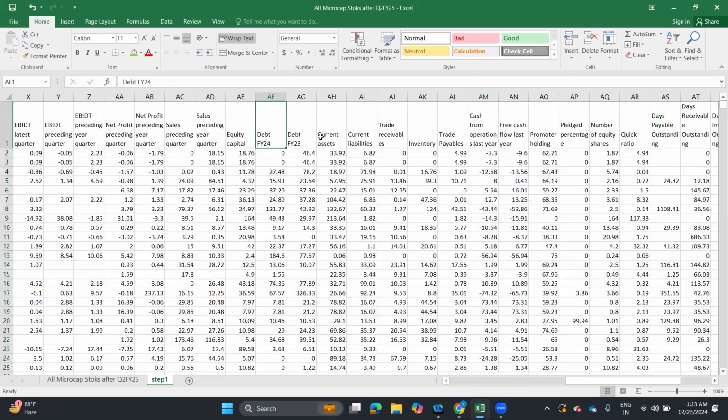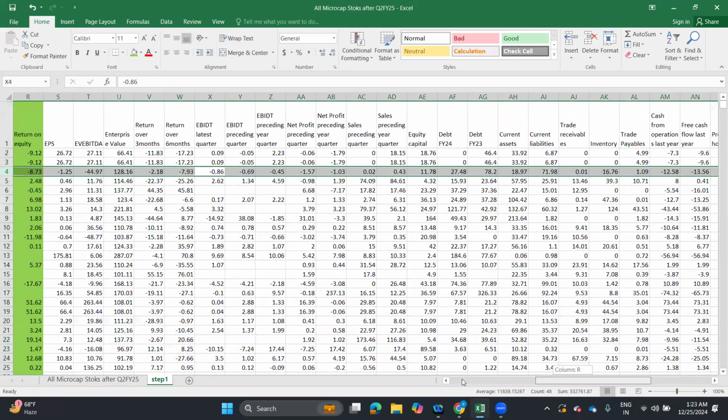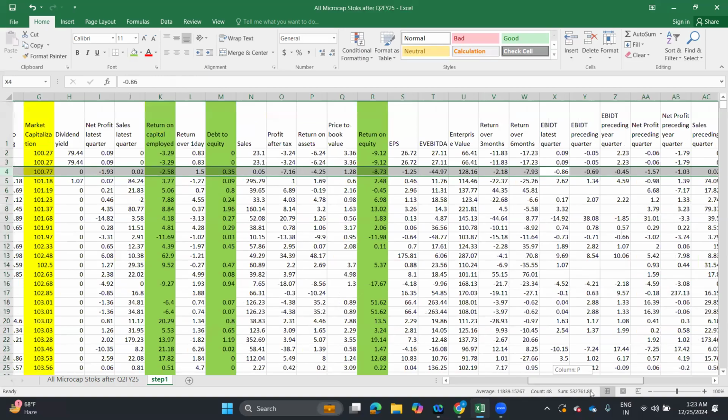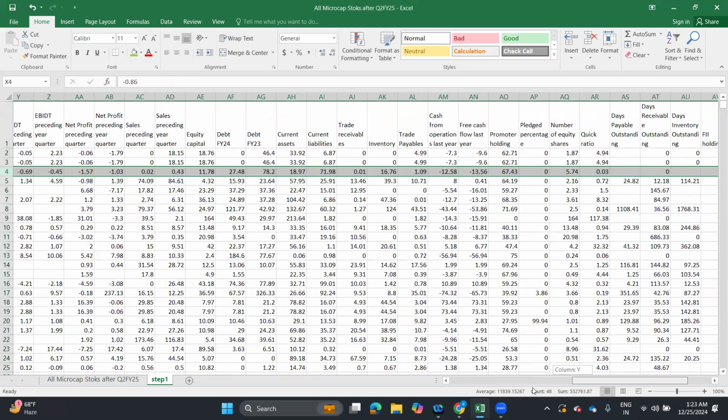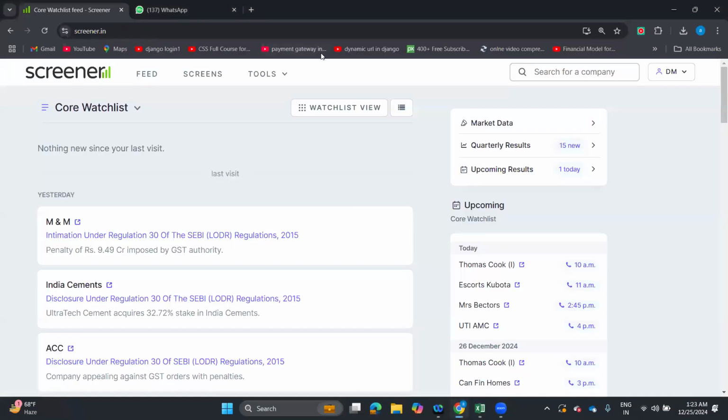So debt FY24 for this company, which is this company? Cine Vista. Let me check. So they are saying debt has been reduced from 78 crore to 27.4 crore. Now let me check. Cine Vista, okay.